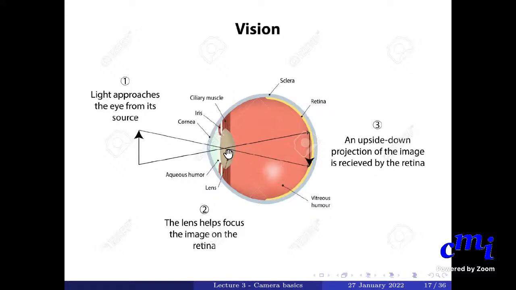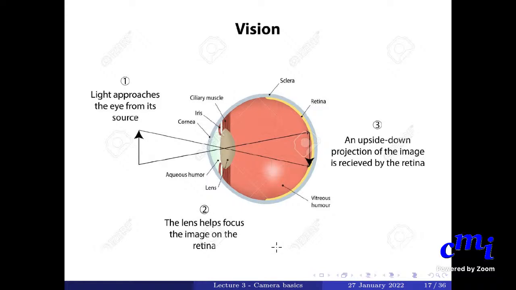In this image it is kind of simplified; we are not taking into consideration what the lens is doing to this light. This is a simplistic image, and the image is formed upside down on the retina, and of course your brain does the work of getting it into the proper orientation, and that is how you see.